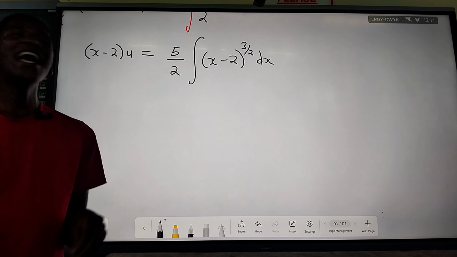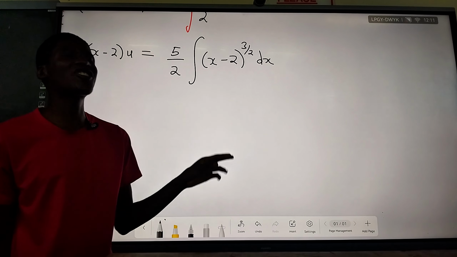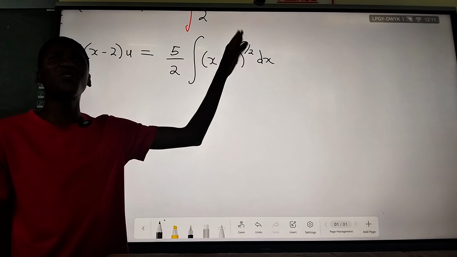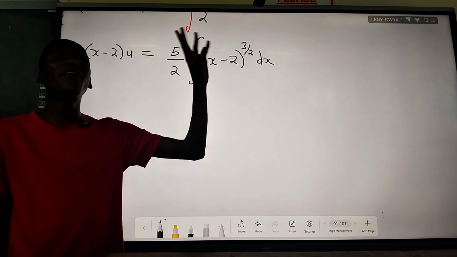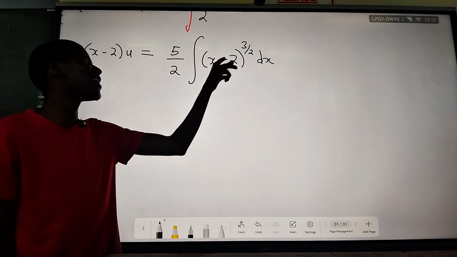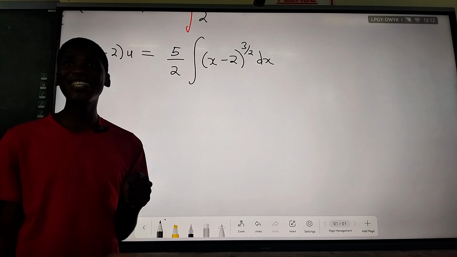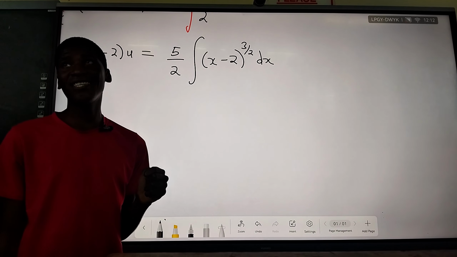That's the procedure. The idea here is, you're going to say 3 over 2 plus 1, divided by 3 over 2 plus 1. Yes, you reverse the power rule. But you are not allowed to do that if you have got x minus 2 and you do a u substitution. Let u be x minus 2. Yes.